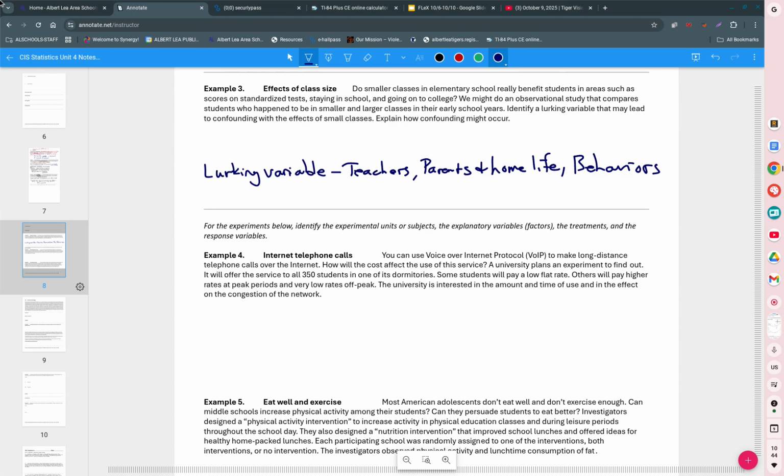Noise levels? I'm going to write this one down as well. Money and resources. Is it more economical to have smaller class sizes or bigger class sizes? It's more economical to have bigger class sizes, which is right now why Albert Lee has bigger class sizes.